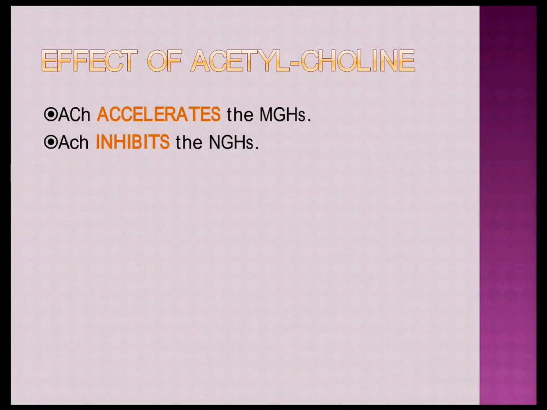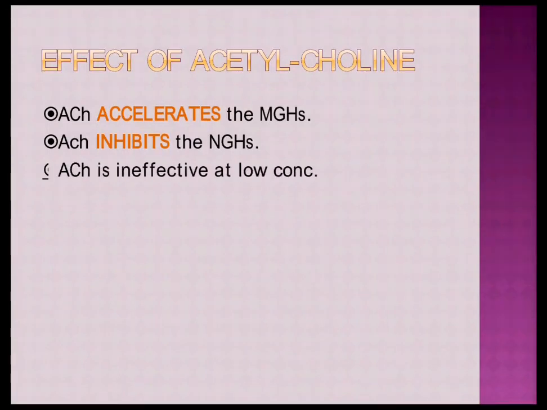Now if I go further, the acetylcholine is ineffective at very low concentrations. This is a very, very important finding: if acetylcholine inhibits the neurogenic hearts, it should have a particular threshold level of concentration in the blood or in the hemolymph.